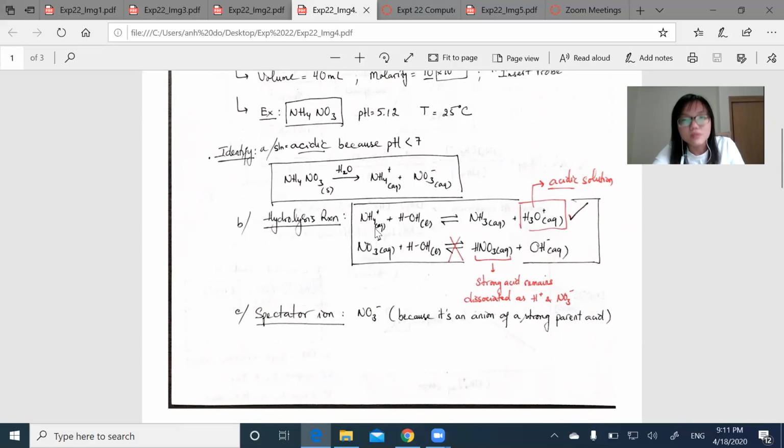So NH4+ would react with H2O to make ammonia, which is a weak base, and hydronium ion, which is a strong ion. And then nitrate would combine with H2O to make nitric acid and OH-.